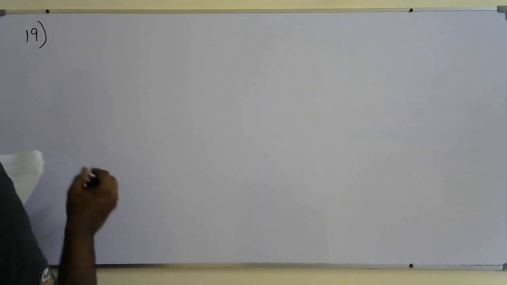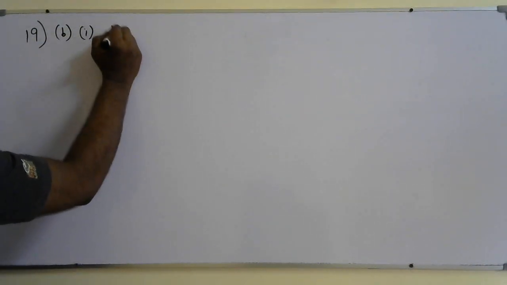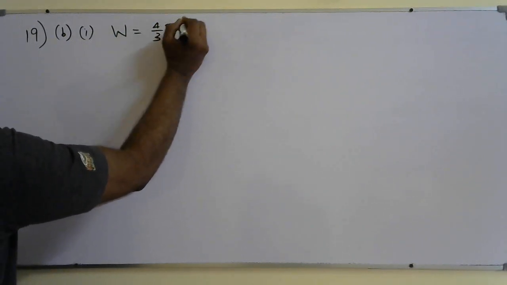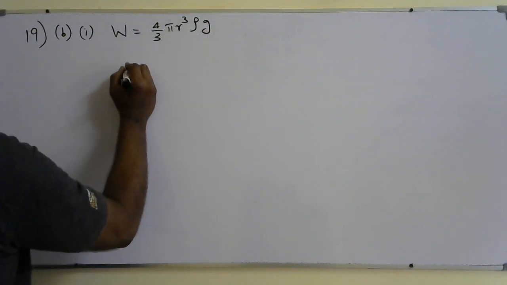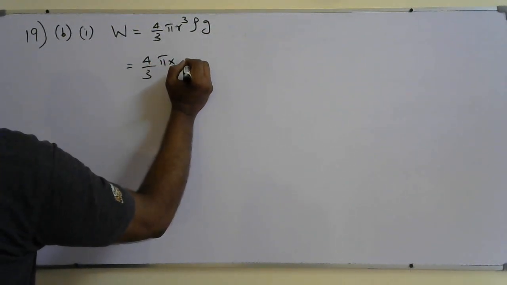So question number 19, B part, first part: the weight is equal to 4/3 π r³ ρ g. 4/3 π, the radius is half the diameter, which is given as 7 × 10^-3.